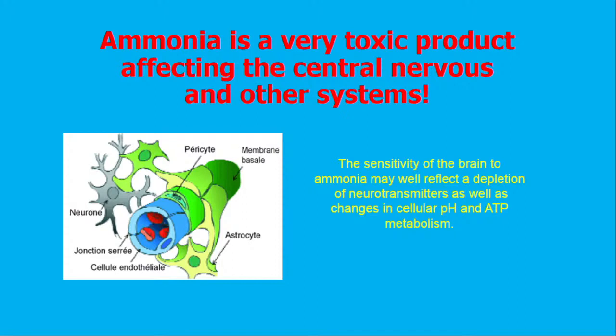So let's discuss the mechanisms of toxicity of free ammonia one by one. Write them and try to remember what is necessary to be able to explain why free ammonia is so toxic.